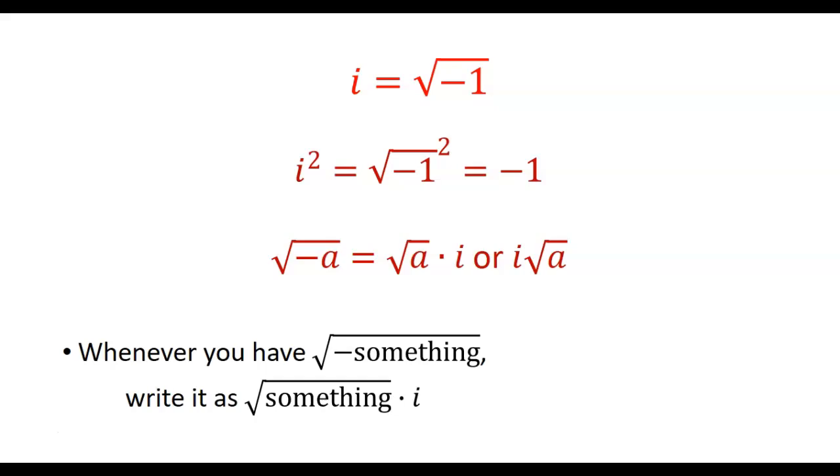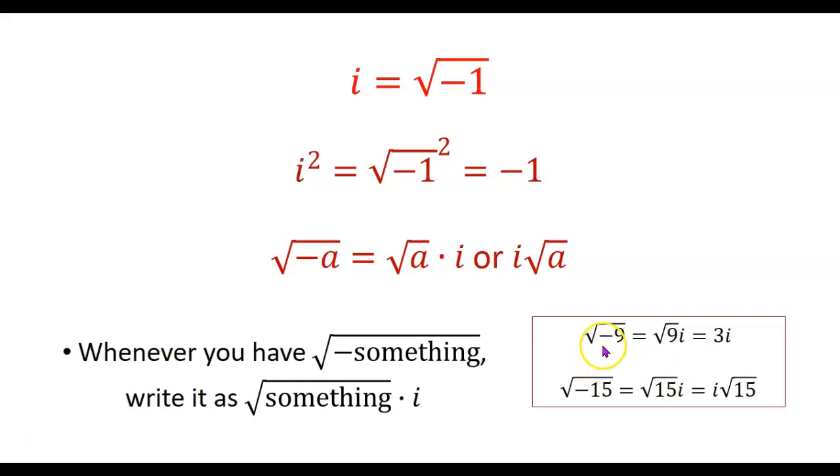And then if we have the square root of negative 9 or the square root of negative 15 or the square root of some other negative number, what we do with that is we write it as the square root of positive whatever times i. So the rule is whenever you have the square root of negative something, write it as the square root of positive whatever times i.